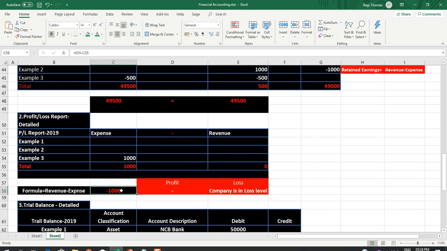So the system can tell you whether your company is going in a profitable way or not. In this case, the company has already incurred an expense and there is no revenue, because of that the company is at a loss level. So this is the basic idea and information about financial accounting.